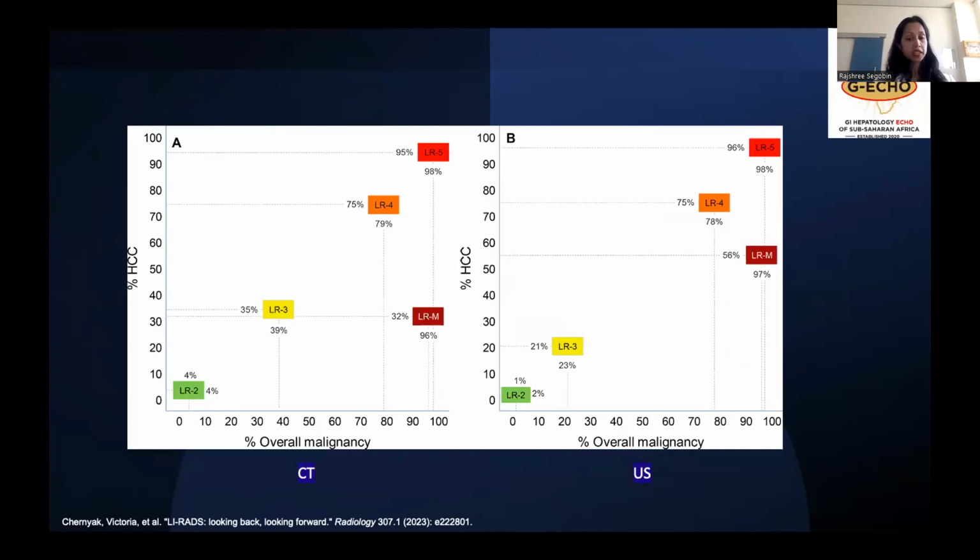And in the article published this year in Radiology by Victoria Cherniak et al., you can clearly see in red that when an observation is assigned an LR5 criteria, it carries the highest overall probabilistic figures of 95% and 96% for overall malignancy. So this is very specific for HCC.